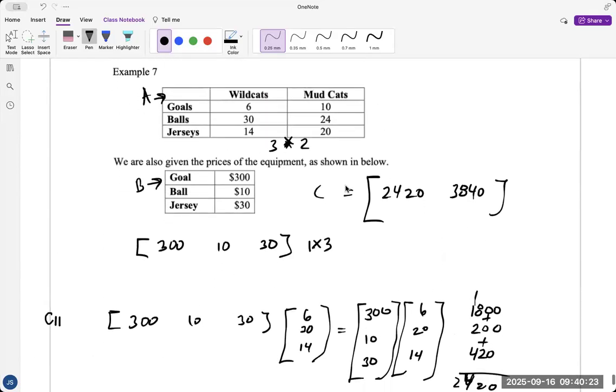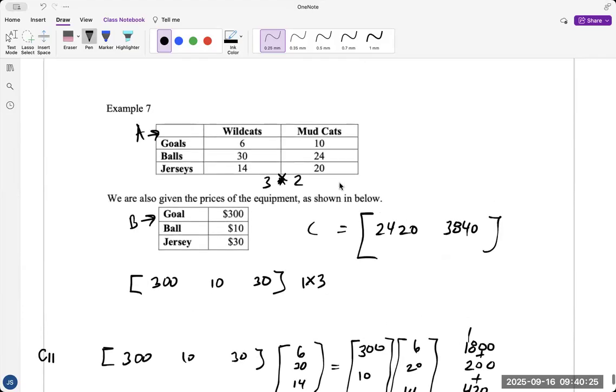But you can imagine, if you're working for a large business with lots of different expenses and you wanted to quickly find totals, what we will eventually learn is a calculator can do such calculations. And if we understand these smaller problems, we can understand how to input information into our calculators later on.